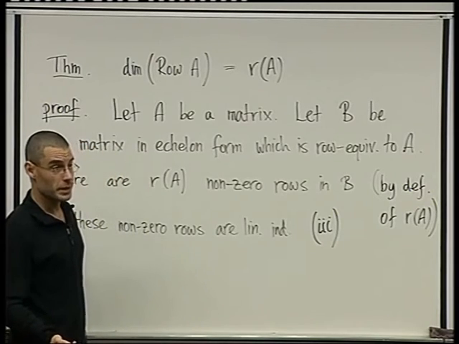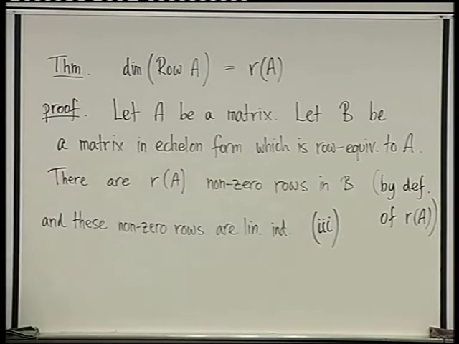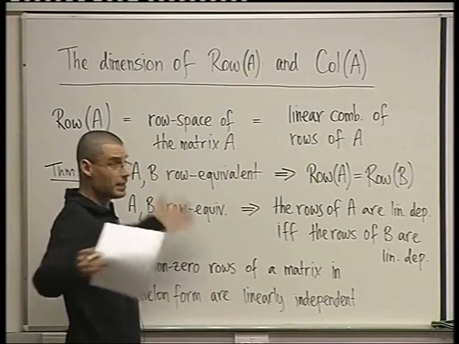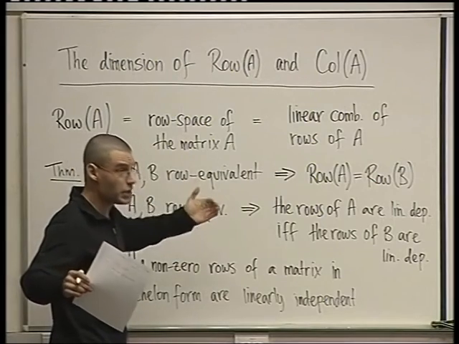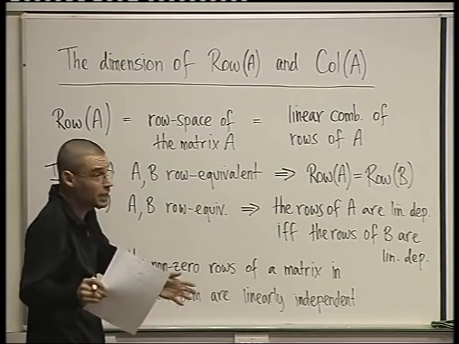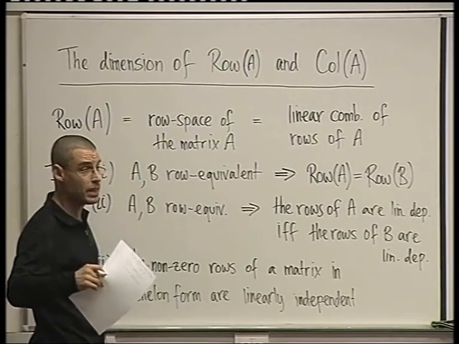Do you agree? That was precisely theorem 3 on the previous board. Let's look at it. The non-zero rows of a matrix in echelon form are linearly independent. This is the idea of mathematics, right? You make a definition, you prove theorems. Of course, in this class, we're not proving everything, because we're just giving the story, proving some things.